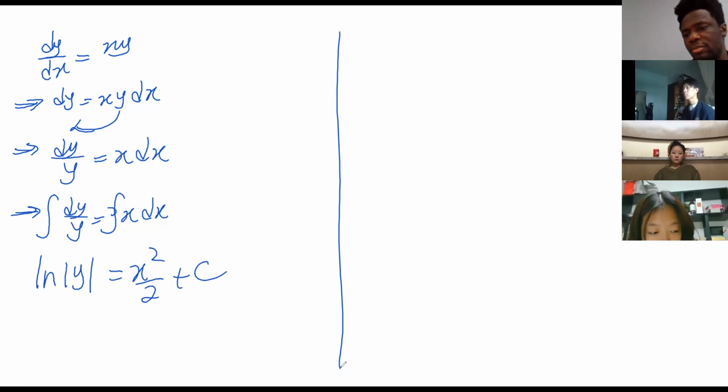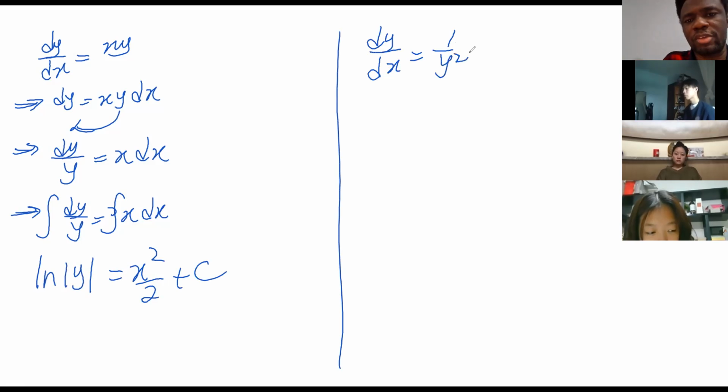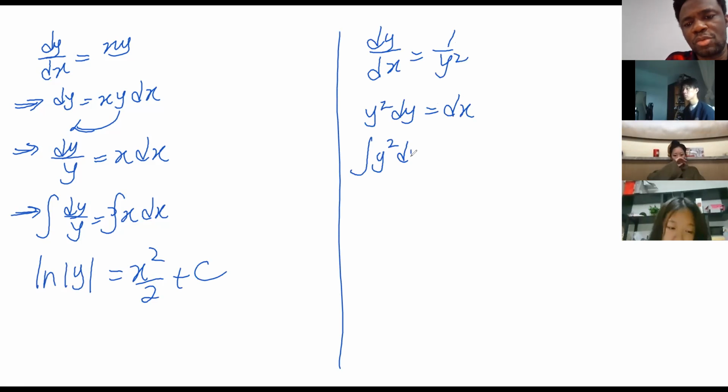Okay, and in the second problem, which is dy by dx is equal to 1 over y squared, it's very easy also. So that would be y squared dy is equal to just dx. Then I can integrate y squared dy and also integrate dx.